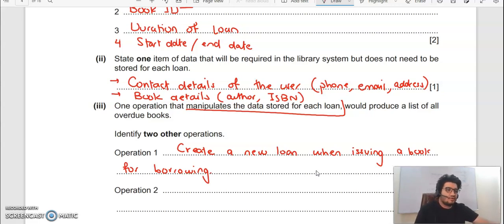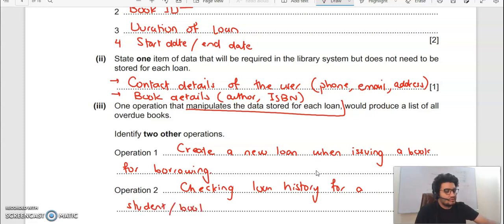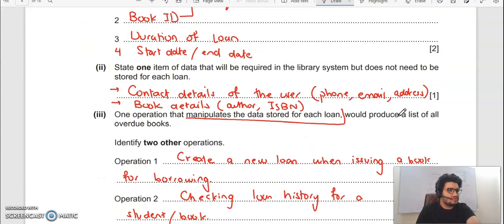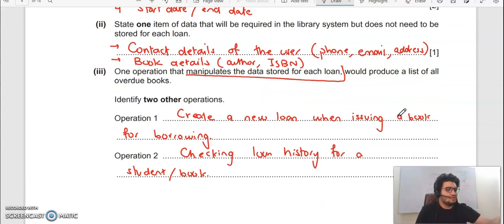Another thing would be checking the loan history for a student or book. If you want to check whether a particular user has taken a book or not, it's not necessary that it's a student, so user would be a better word. So a user or a book, whether they've already taken a book or not, something along those lines.